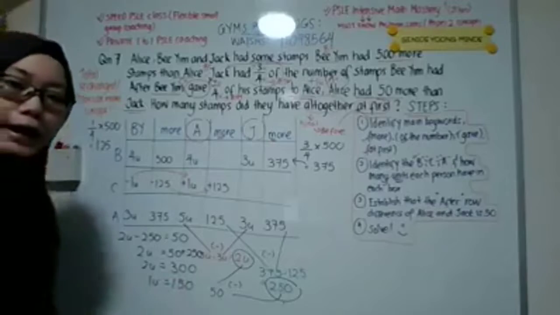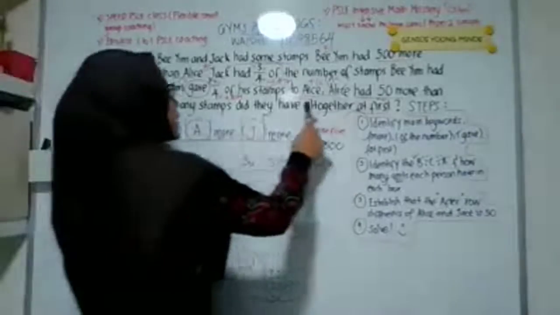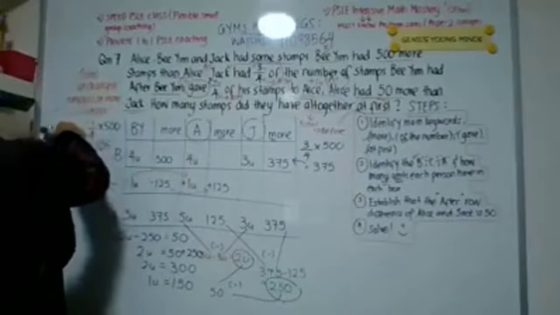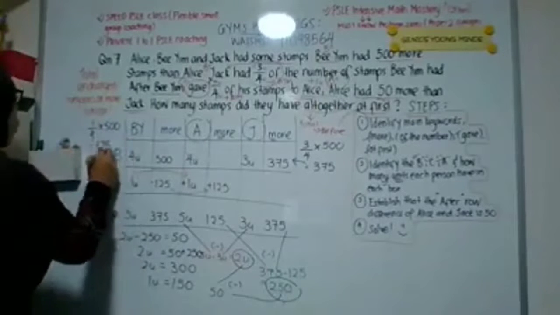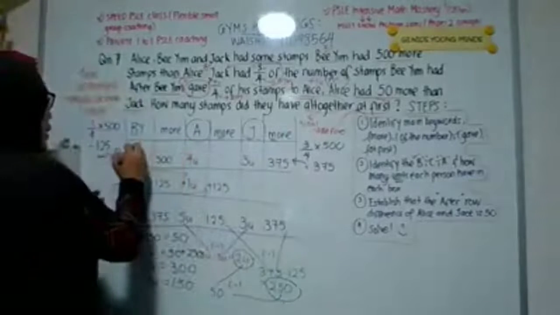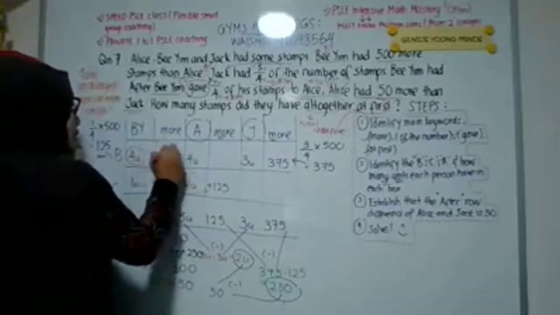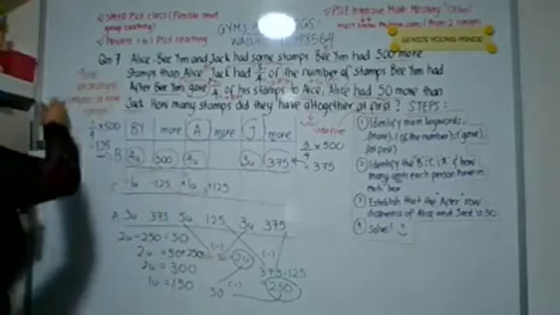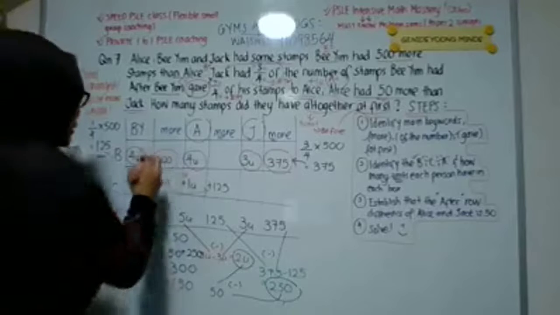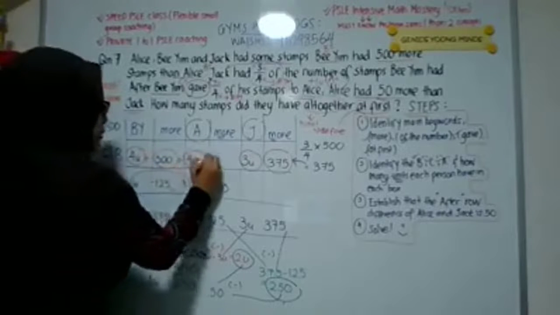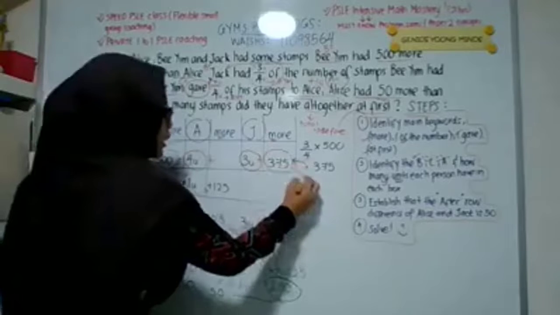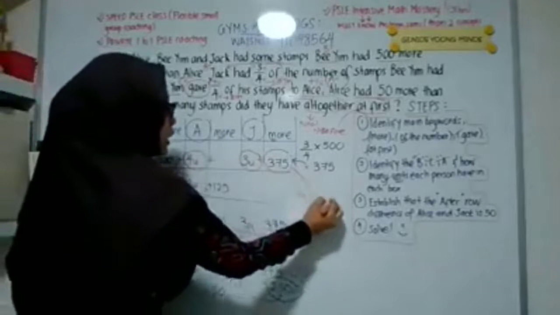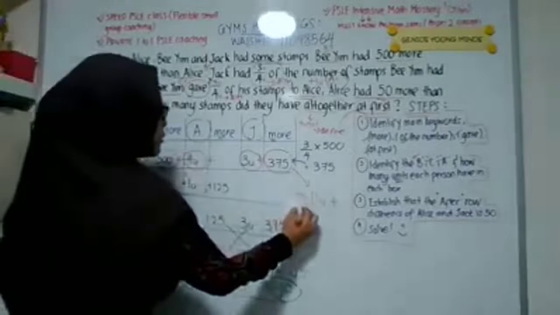Do I stop there? I don't stop there. How many stamps did they have all together at first? I want their total before. So I want these to be added together: 4 plus 3 plus 4 equals 11 units. Then you plus 500.